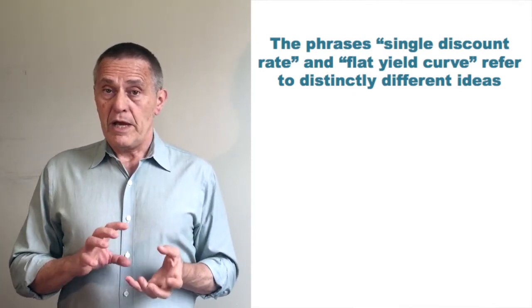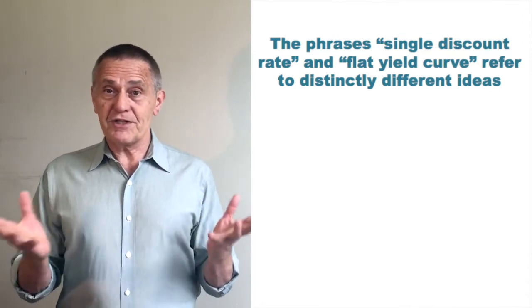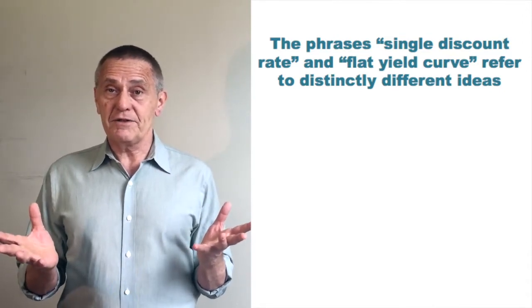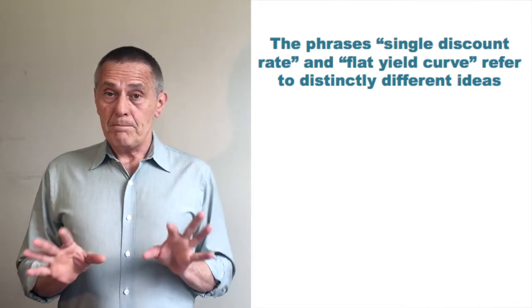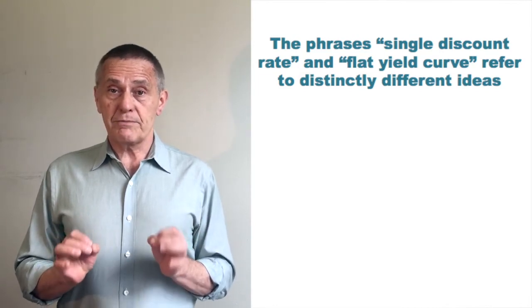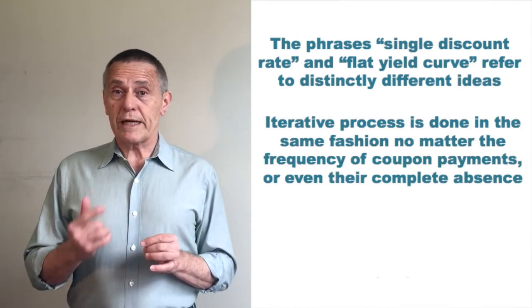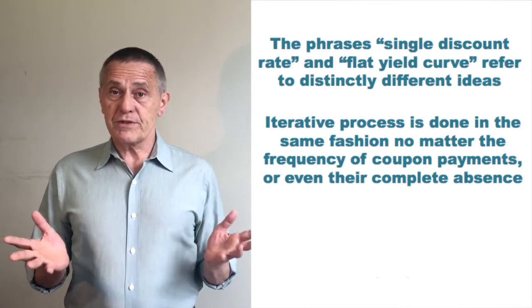Now, while one might make the leap of logic that a single discount rate implies a flat yield curve, that's really quite a stretch. Because you'll note that that methodology for computing yield to maturity is assumed regardless of the time to maturity or regardless of the frequency of cash flows.